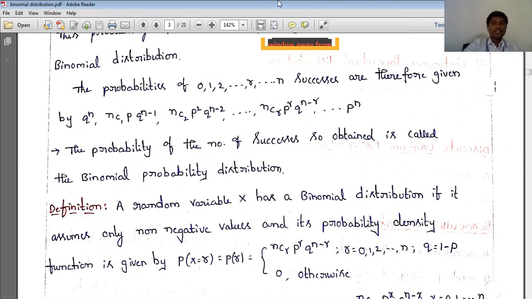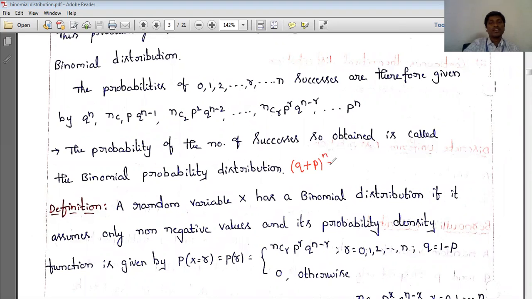In the same way, r successes and n minus r failures is nCr p^r q^(n-r). All of that is simply (q + p)^n. This is not a new thing, it is the binomial theorem you learned in your 10th class.